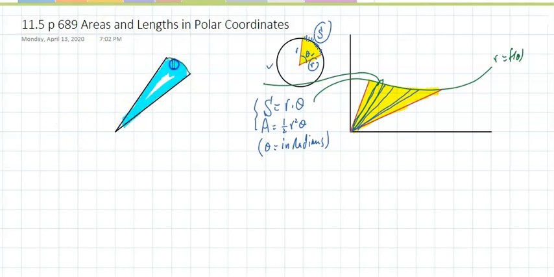That would be the area of that sector right there.